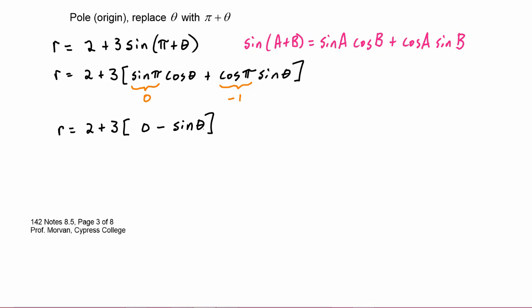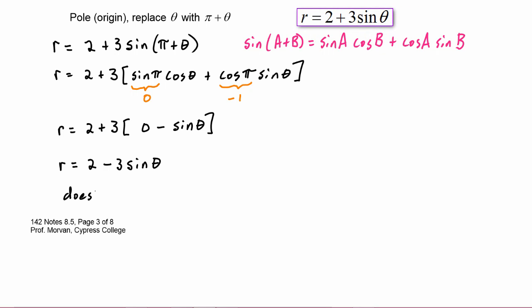Simplifying, we get r is equal to 2 minus 3 sine theta, and this does not match the original equation.